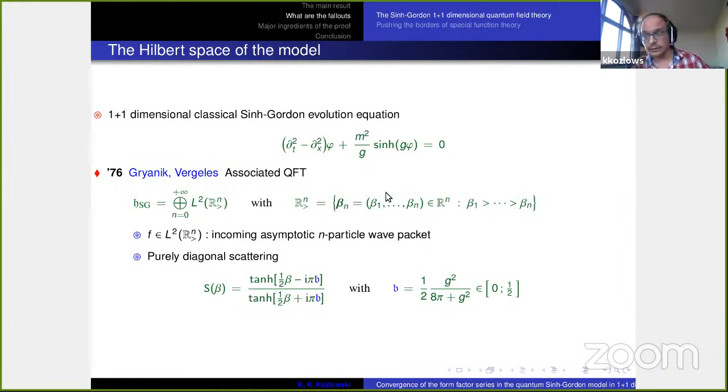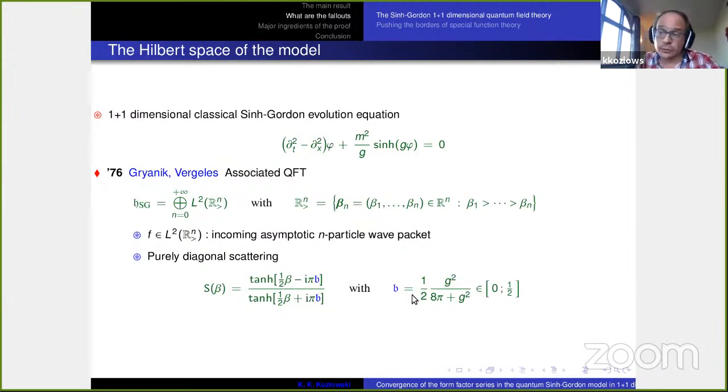So first of all, the scattering in this theory is purely diagonal. You just get a phase when two particles scatter, and it's only a concatenation of two-body processes. The S matrix is given by the ratio of two hyperbolic tangents, tanh of half of β minus iπb divided by tanh of half of β plus iπb.